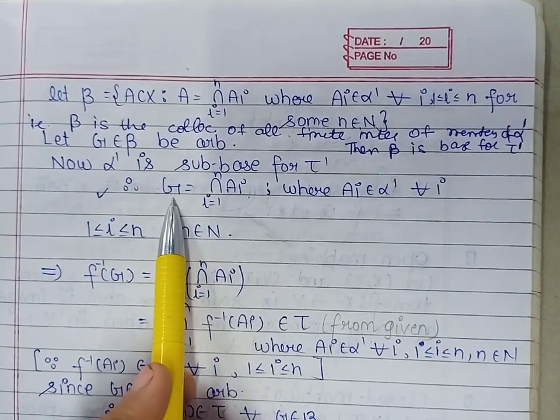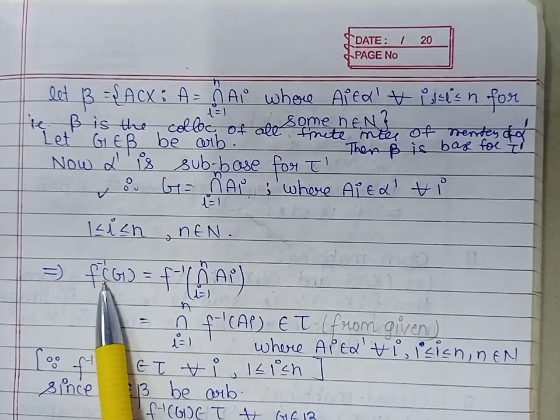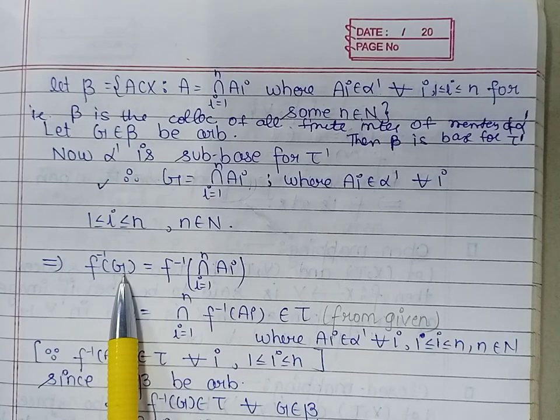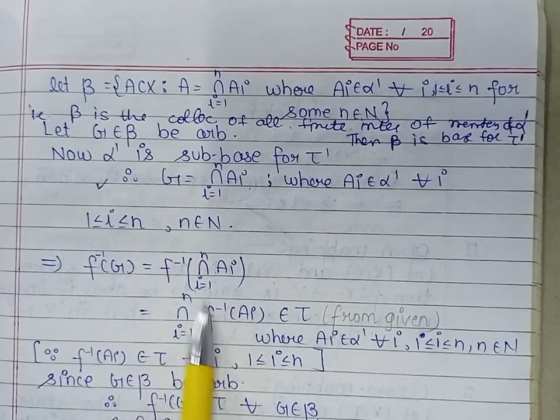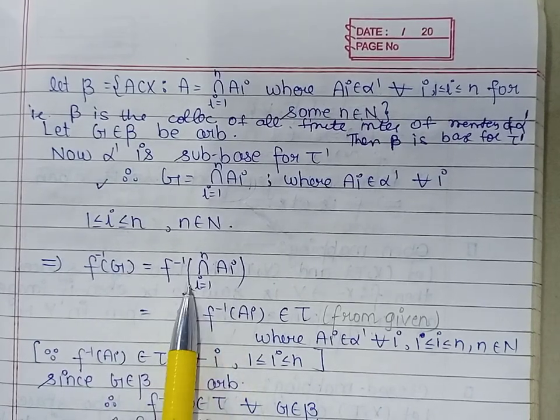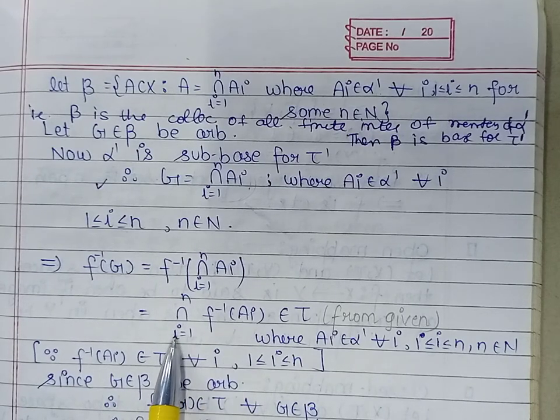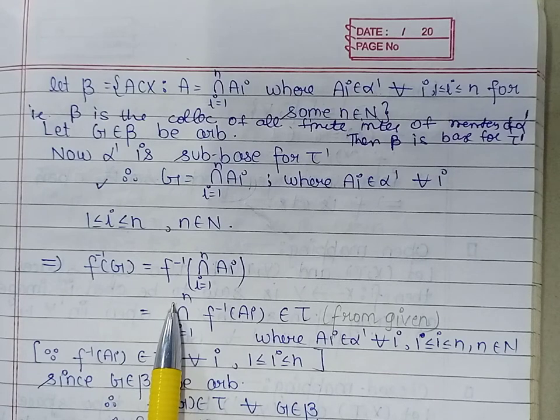Now let us find the inverse image of this G. Now f inverse G, substituting the value of G here, can further be written as the intersection of f inverse of A i, where i varies from 1 to n.